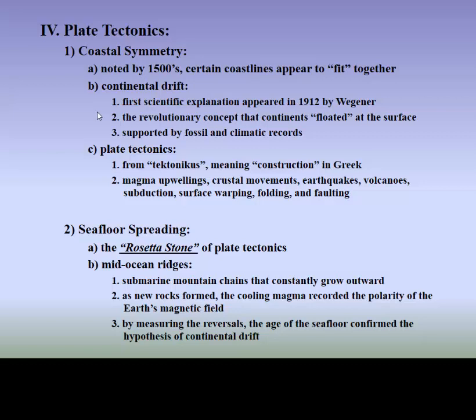But it wasn't until the 1900s that a German scientist named Alfred Wegener gave the first scientific explanation, and he proposed it, but he didn't have a mechanism for it. And it wasn't until the mid-1940s, when we saw research by the Navy showing the seafloors were actually spreading, that this really came to fruition.